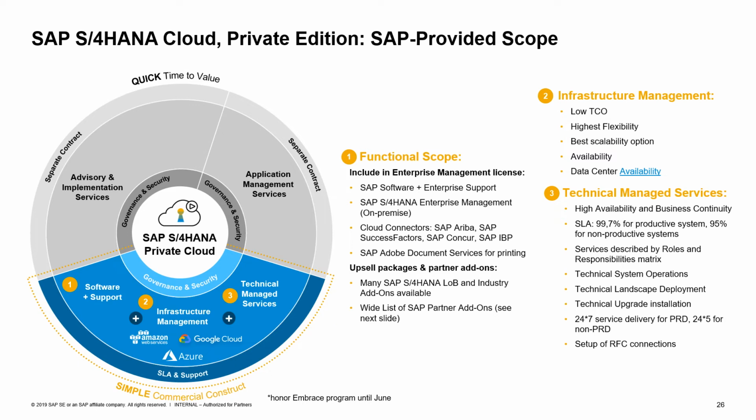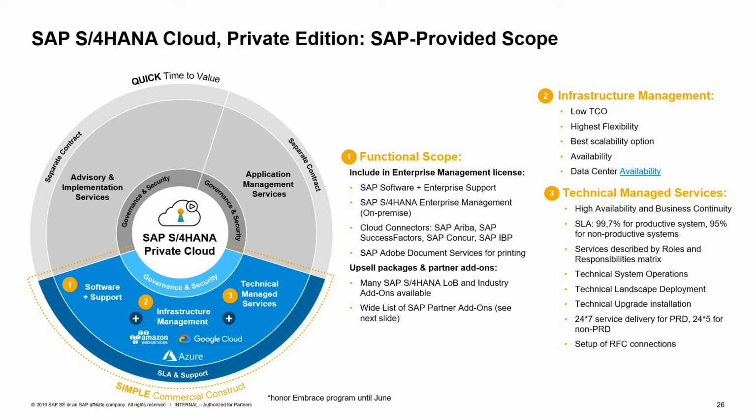You get S4HANA enterprise management. Okay, so this is the core ERP, similar to the S4HANA that you know on premise. Also included are the cloud connectors for Ariba, SuccessFactors, Concur, IBP. And you get the Adobe document services for printing.